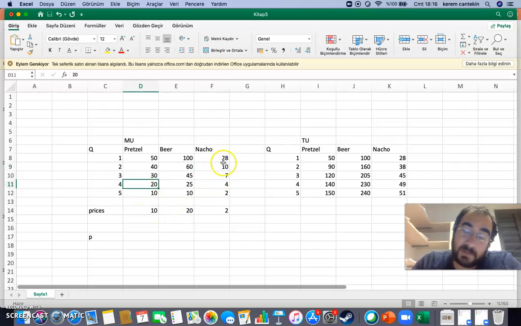The fourth pretzel gives me much more utility than the nacho, basically.